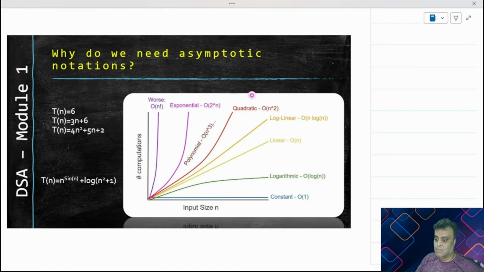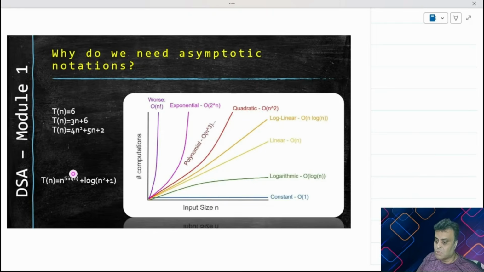You cannot, because it does not fall under any of these, and these are well-known complexity classes. Beyond these, there are very few complexity classes which people know, right? So these are the complexity classes that people know, and they can correlate your algorithm to that complexity class and hence can judge the algorithm.